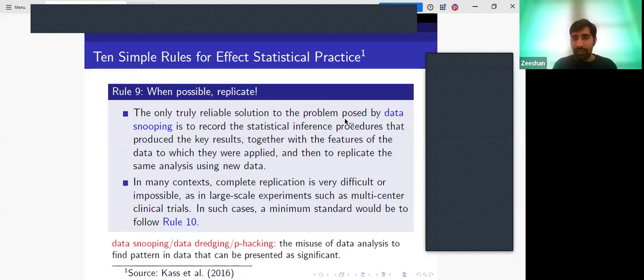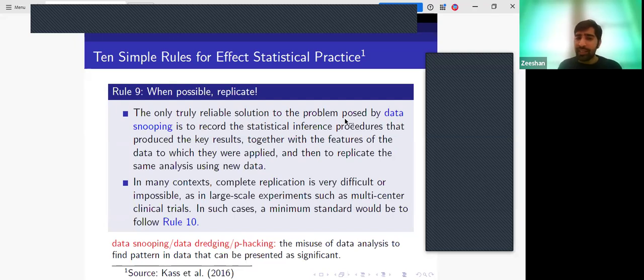Irrespective of whether your analysis is giving you significant results or non-significant results, try to report them and try to explain them. And then you'll get the idea of why you are getting some non-significant things. And these kinds of things are usually known in technical language as data snooping or p-hacking.